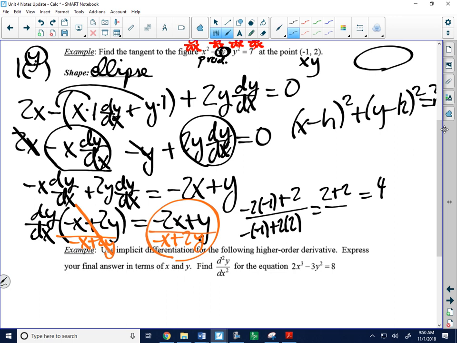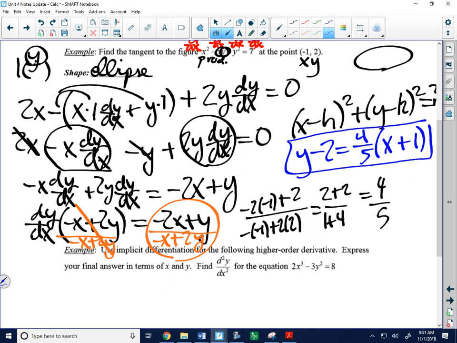Negative 1 times negative 1 is 1, plus 2 times 2 is 4, and that'll be 5. Should have it right. And why don't we just, I'll just write my final tangent line in point slope. I'm not going to write it out. y minus 2 equals my slope, 4/5, times x plus 1.